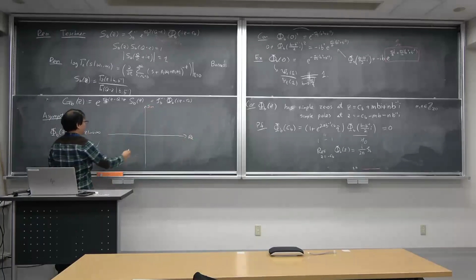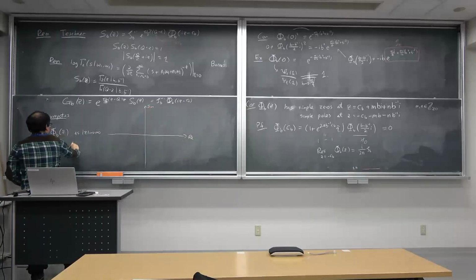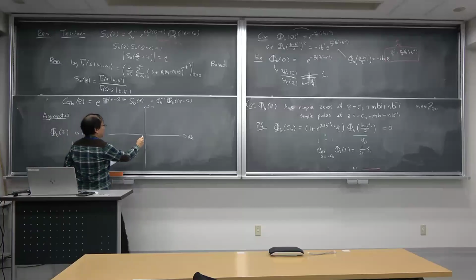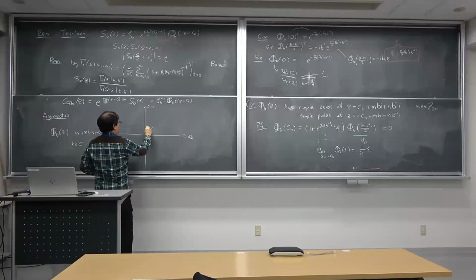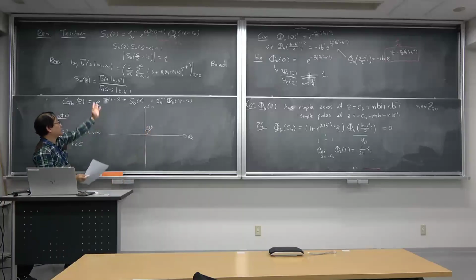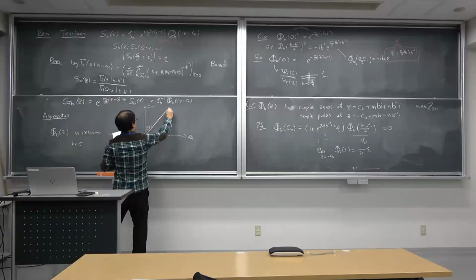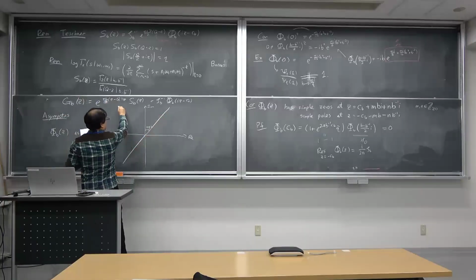So you basically have the complex B. So B is complex, so it has an argument. Let's say this is the argument of B, counting from the imaginary axis for some reason.